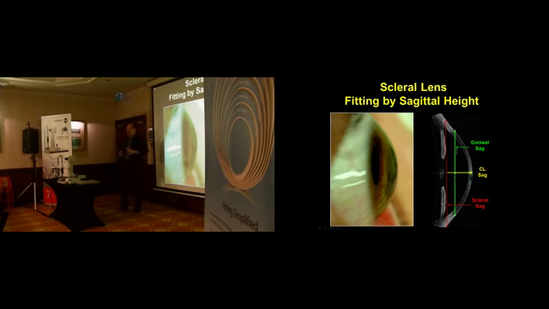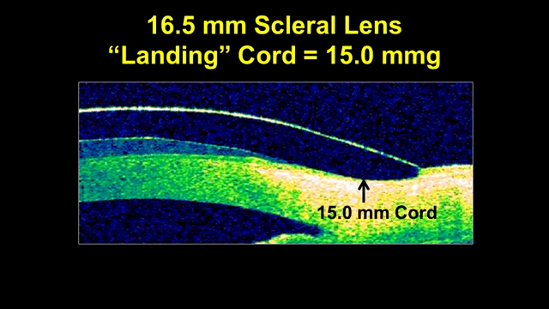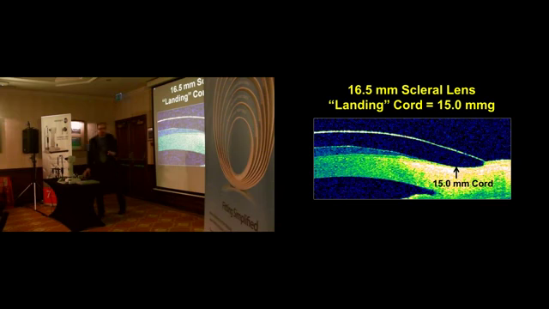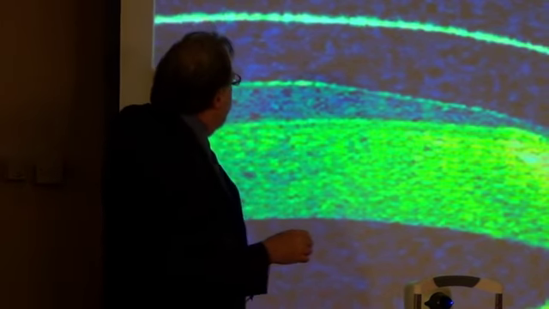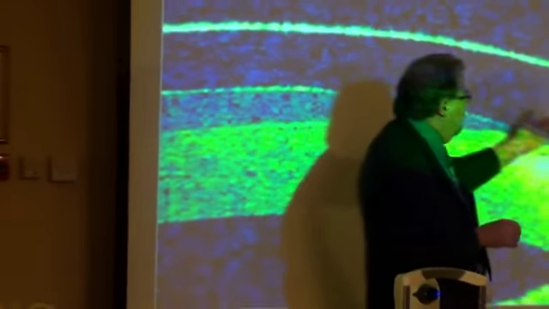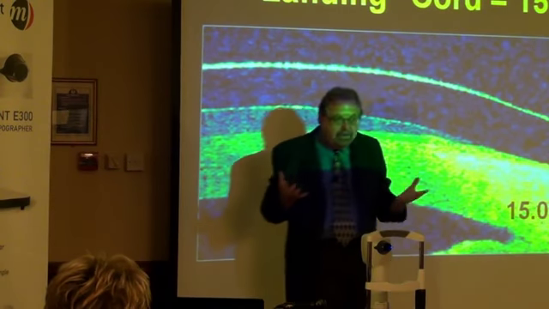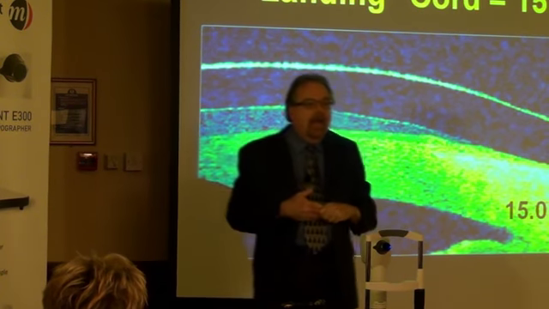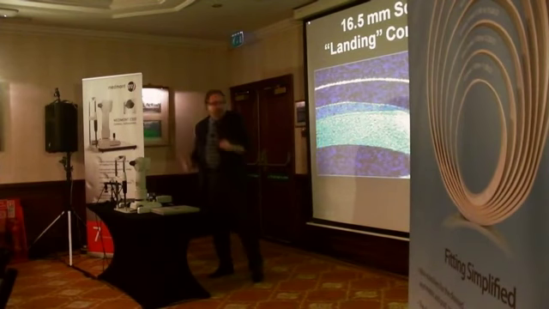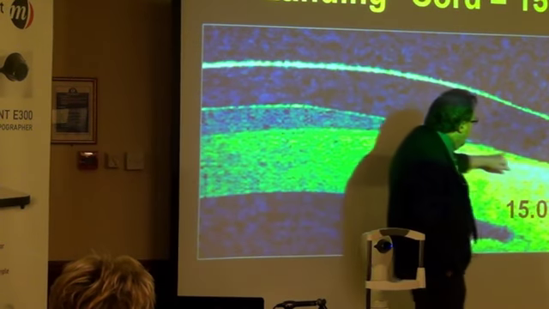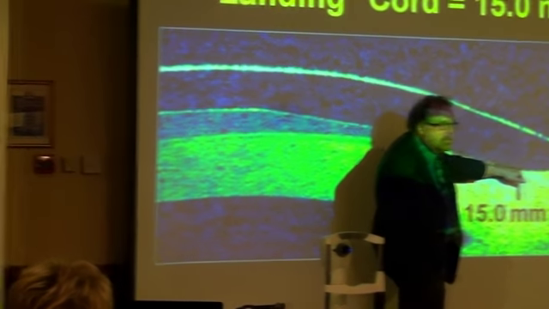Now, let's go through the fitting, because the fitting of a scleral contact lens is identical to fitting a soft contact lens, believe it or not. What we know is that this particular design, the ICD design, has its area of maximum bearing at a chord of 15 millimeters.